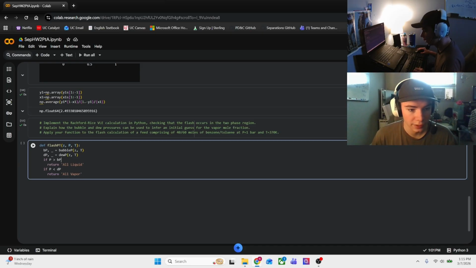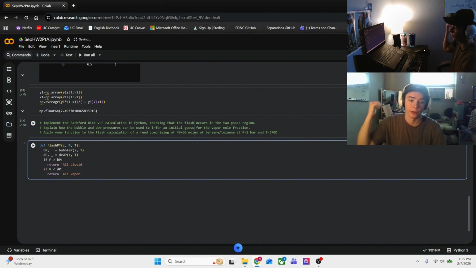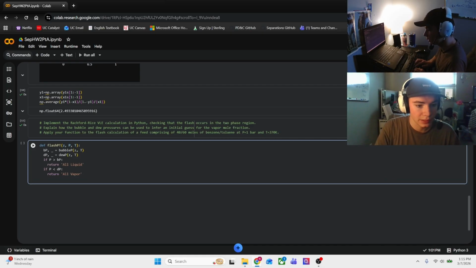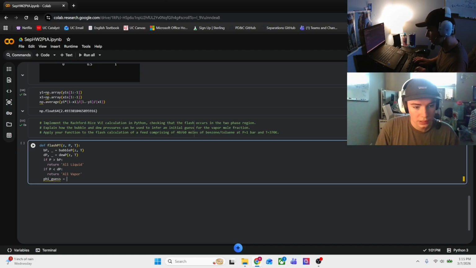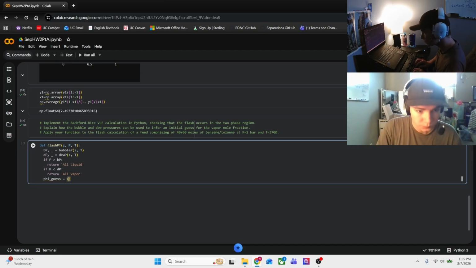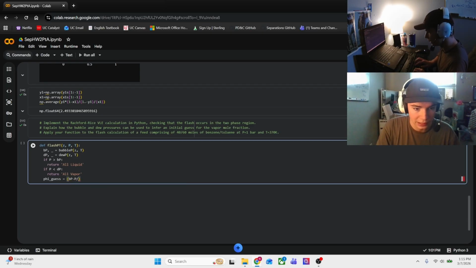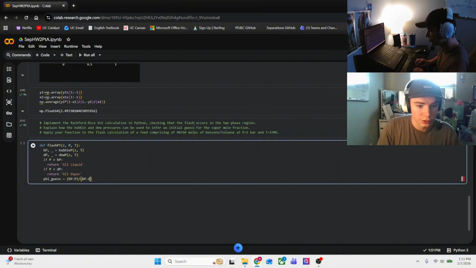All right, now moving on, we are going to need to make an initial guess for our phi, which is our single unknown in our Rachford-Rice, and a really good estimate is going to be our bubble pressure minus our pressure divided by our bubble pressure minus our dew pressure.